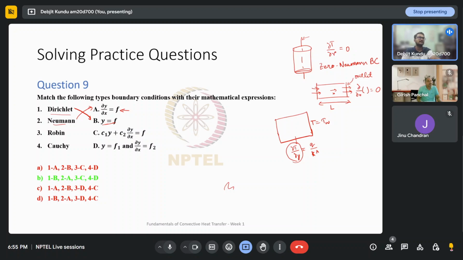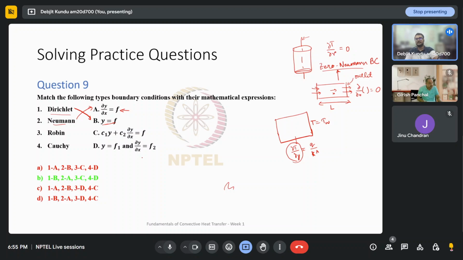This is also a valid assumption, and this also falls under this class of zero Neumann boundary conditions. It doesn't have to be 0, it could be anything else as well. Simply what it means is that gradients of some quantity is mentioned, and then that is a Neumann type boundary condition.